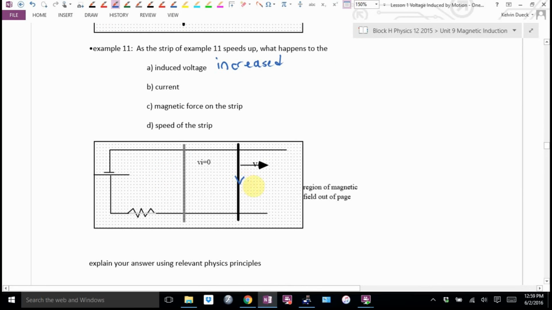We have an induced current, I'll call it I_IND, opposing the current coming in from the battery. So the net current decreases. You might have started out with 3 amps, but as soon as it starts to move, you have 3 amps coming this way, 0.5 amps going this way. Yes, 2.5 amps.